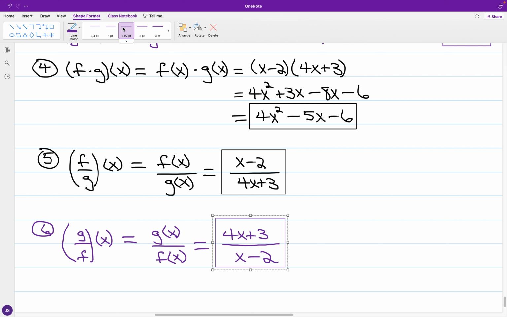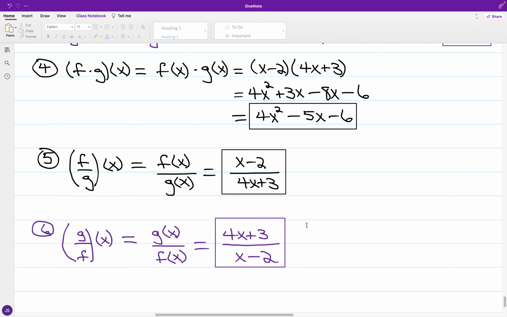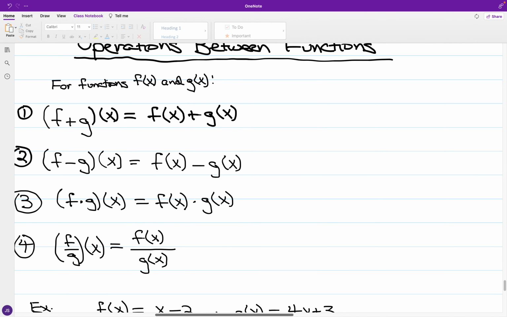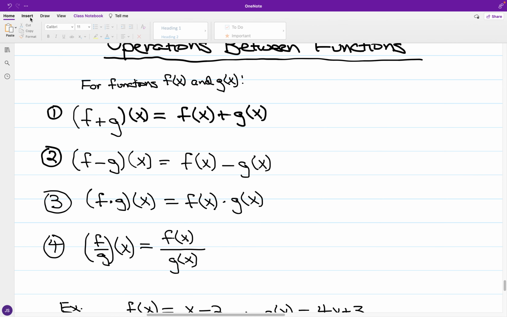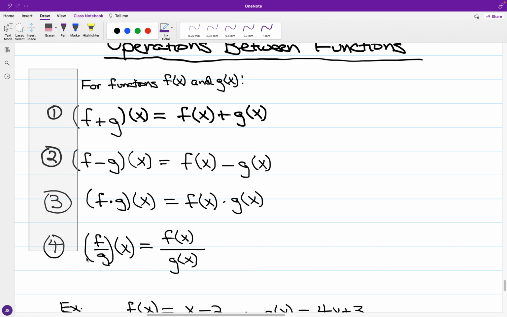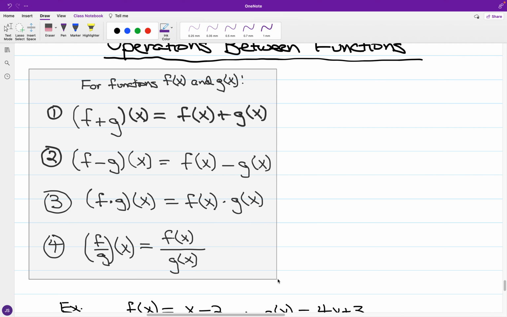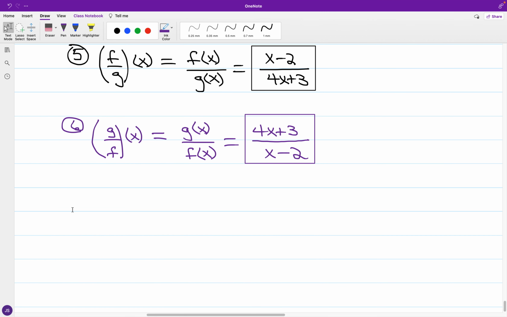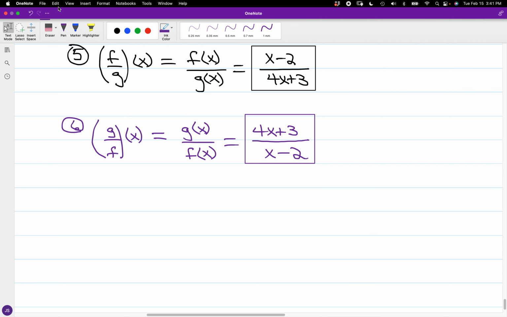Now there is a remaining portion that we're going to have regarding domain. Let me copy this and just mention some things about this regarding domain.